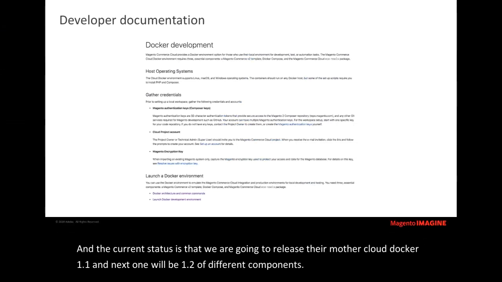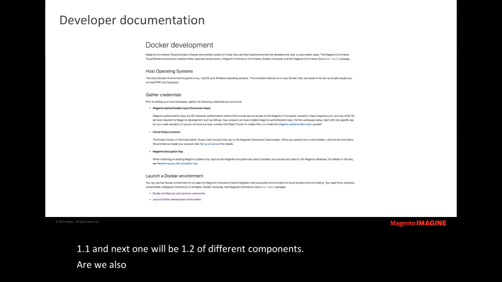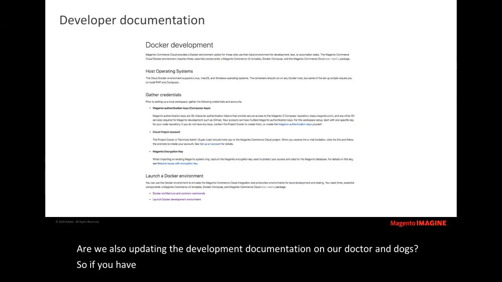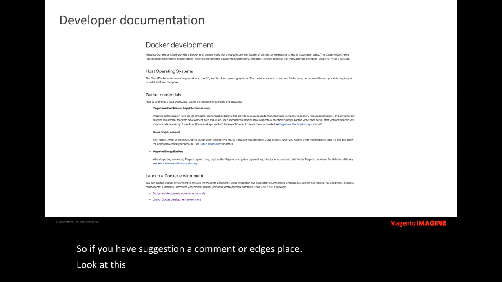We are also updating the development documentation on our Docker dev docs. So if you have suggestions, comments, or edits, please look at these dev docs and please contribute. We will be very happy to process those contributions.